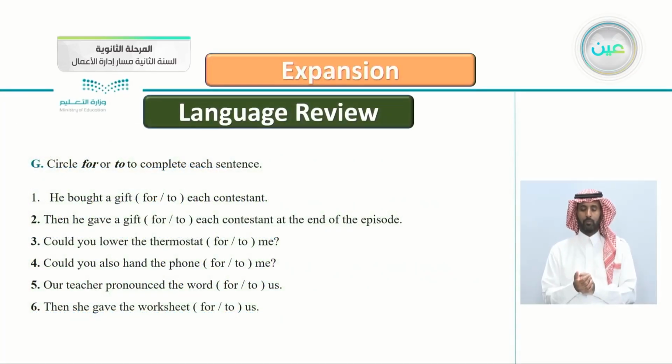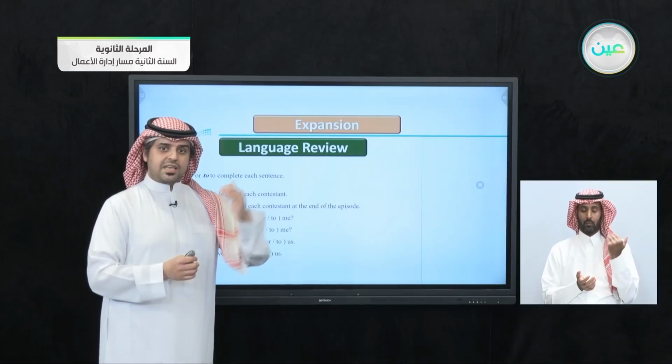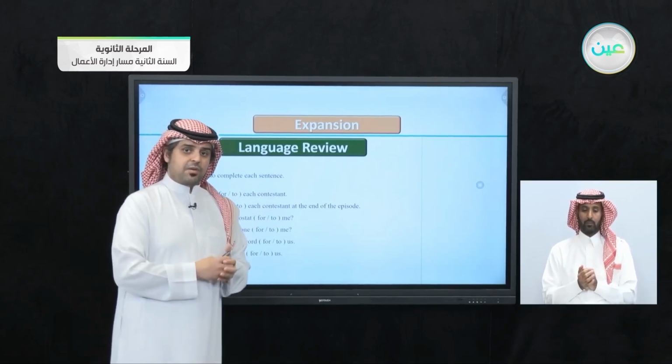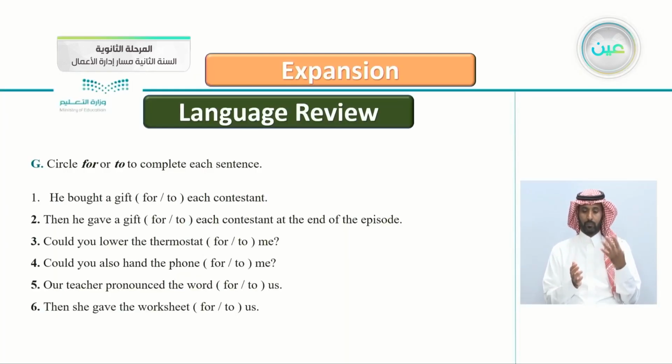So getting back to the exercise here, now that we have revised this grammar, let's answer the questions. Circle for or to to complete each sentence. Number 1, he bought a gift for or to each contestant.